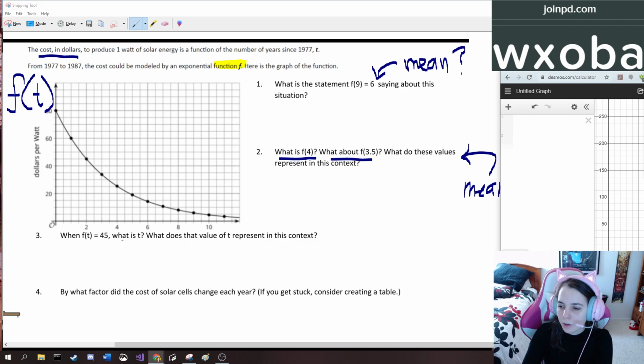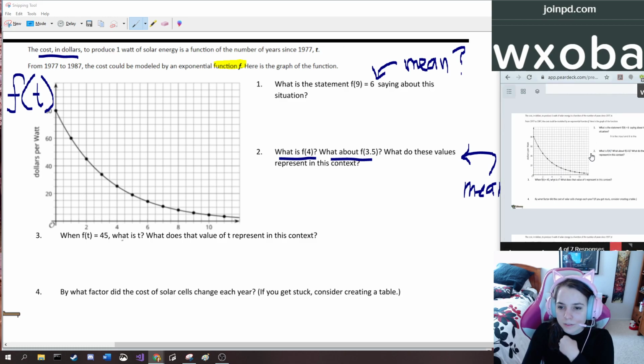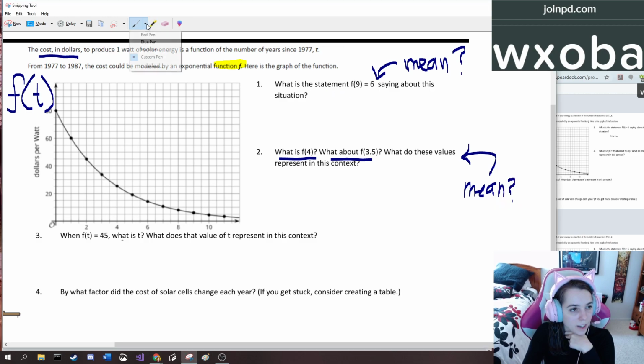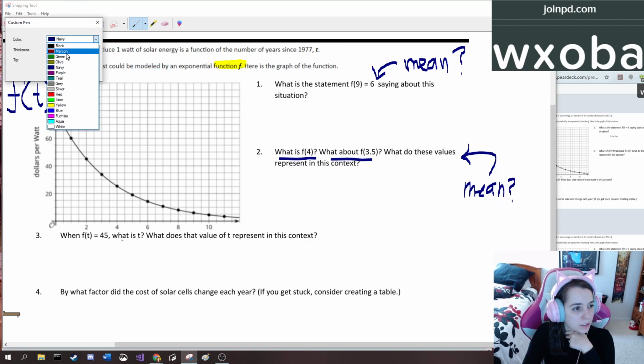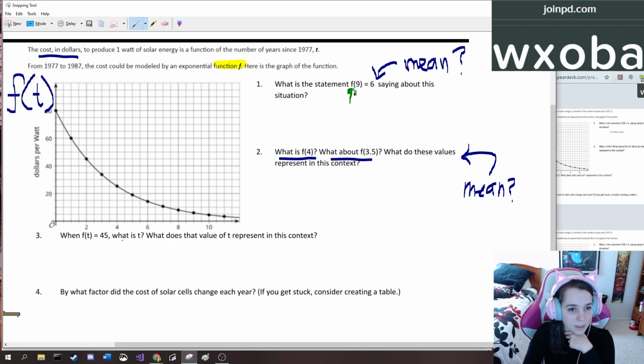All right, so I'm going to show just a few responses. One student says that 9 is the input and 6 is the output. That is absolutely true. So that would be true for every situation. We know that the input, which is the value on the bottom, so 9 is the input.